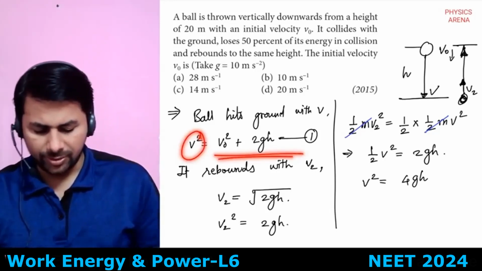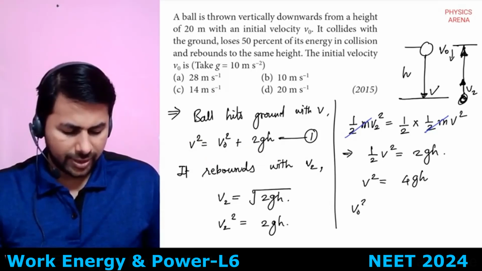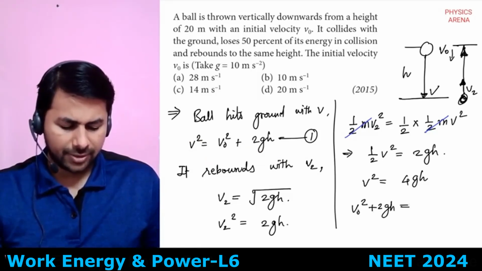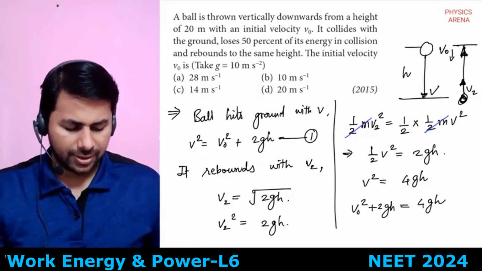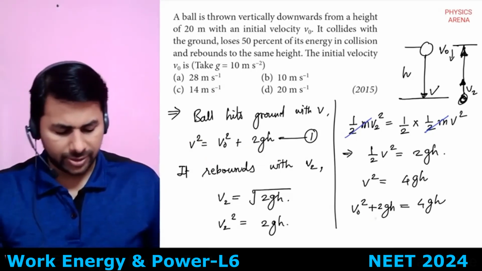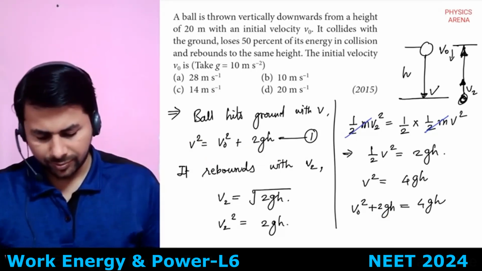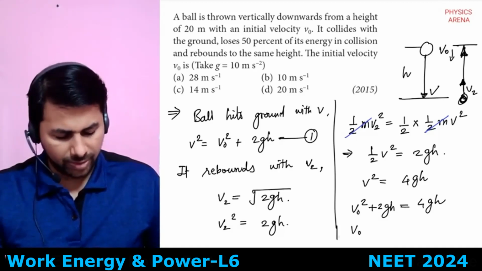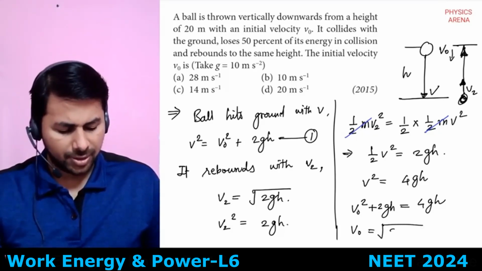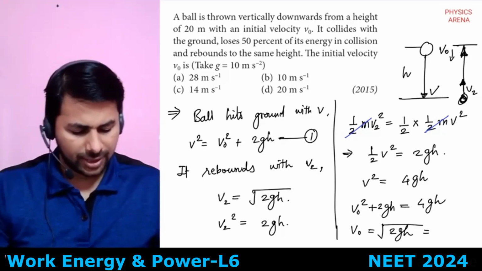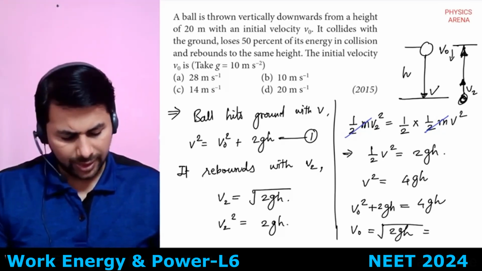It is v naught square plus 2gh. So v naught square plus 2gh is equal to 4gh, and you can move this 2gh to the other side. So v naught square is 2gh, and therefore v naught is equal to square root of 2gh. This is the answer.